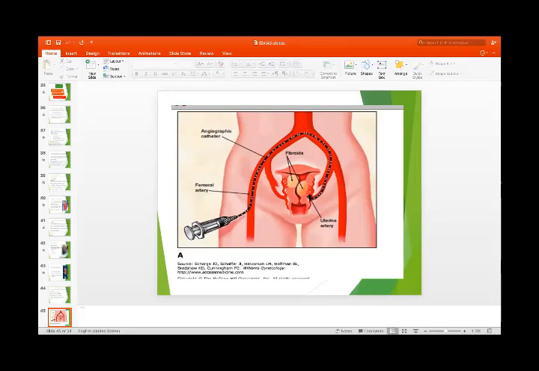And here it will block the blood supply of the uterine artery, which gives branches to the fibroids. So when it blocks the blood supply here, it will reduce the size of the fibroid. So this is how uterine artery embolization works. Reduce the size, reduce the vascularity, and reduce the symptoms.